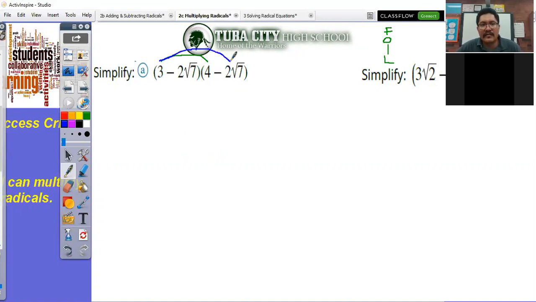So distribute the 3 and distribute this number here, the second number in the first group. There probably are other ways to do this, but I think FOIL is the most common, and it comes with a nice little way of remembering it. Like FOIL, like, oh no, my plan is foiled again. I would have gotten away with it if it weren't for you meddling kids.